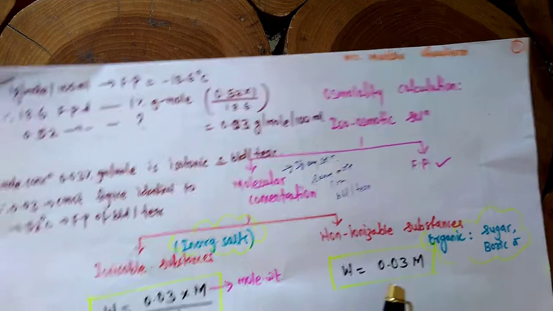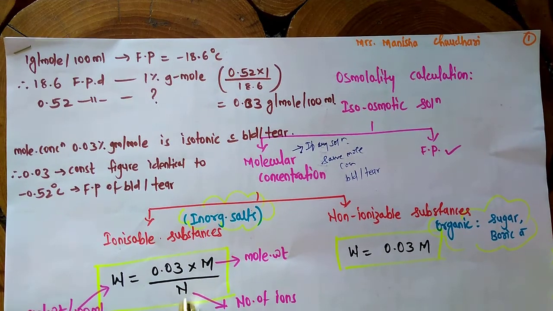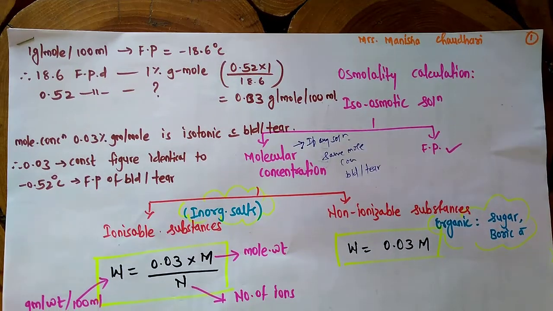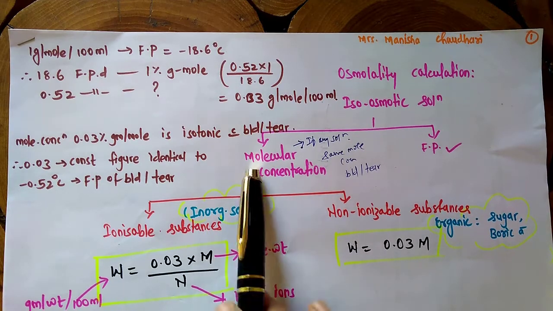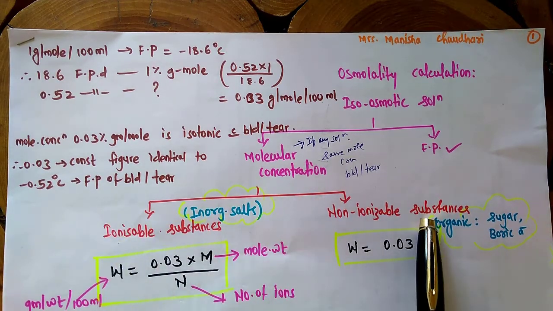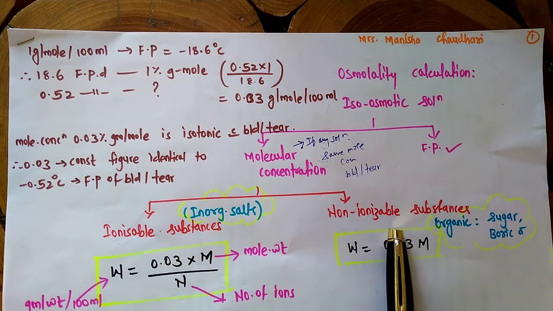Now here the formula is W = 0.03 × M / N. With respect to the molecular concentration, the substances are divided differently: with respect to freezing point they were divided into hypotonic and hypertonic, but here they are divided into ionizable and non-ionizable substances.